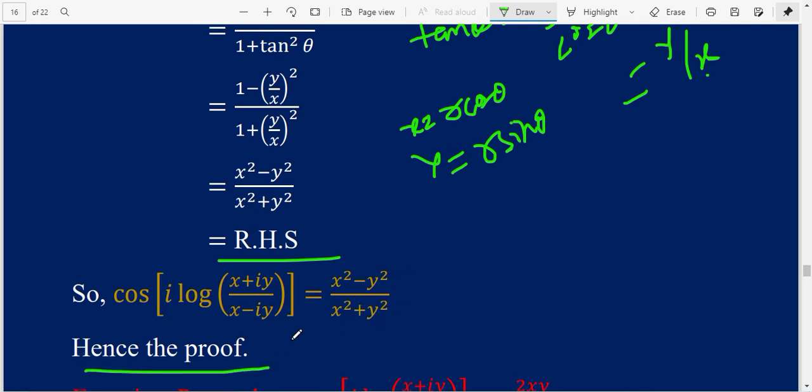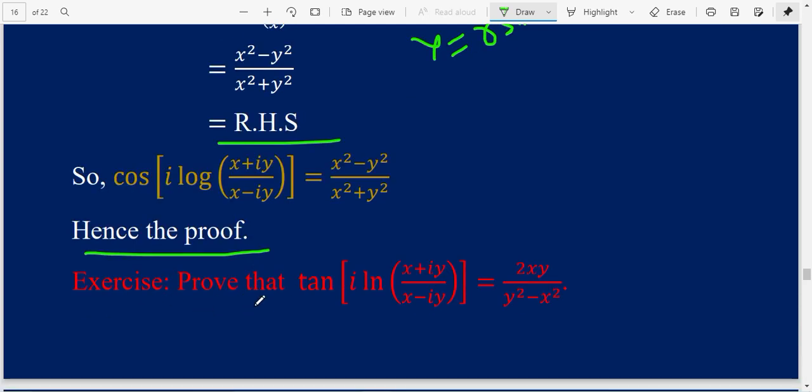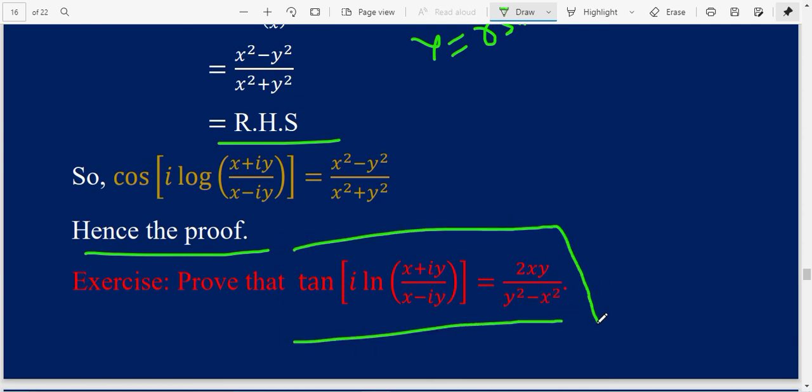Complete the proof. Now prove that tan of i ln of (x plus iota y) upon (x minus iota y) is equal to 2xy upon y square minus x square. This is your homework exercise.